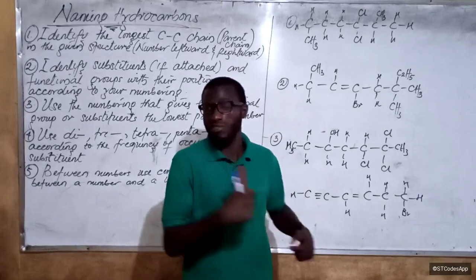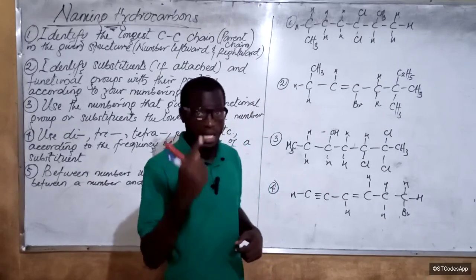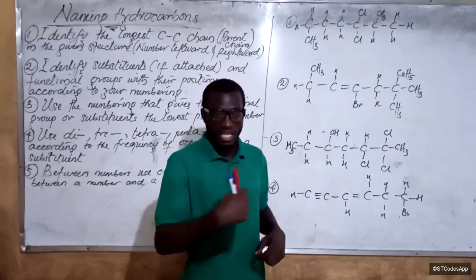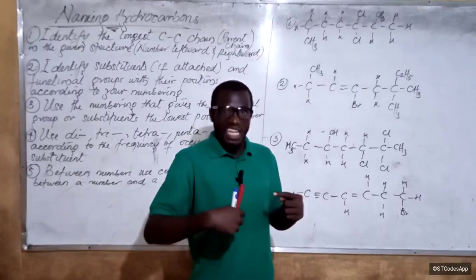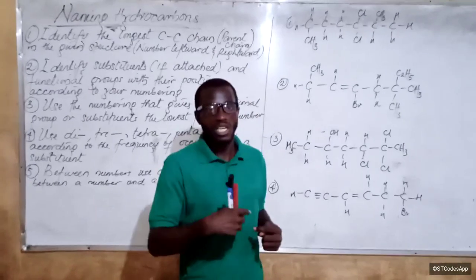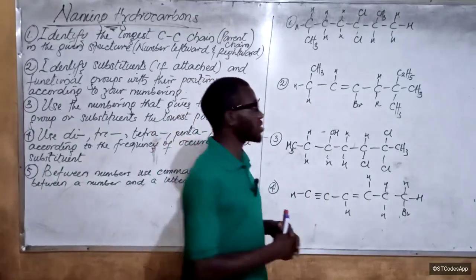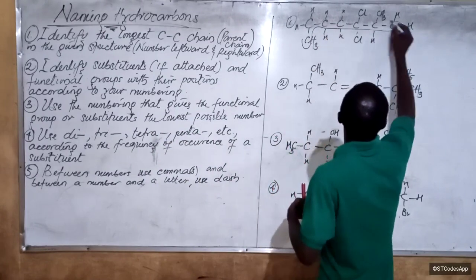If that carbon is a part of the parent chain or the main chain, it must be connected to only one carbon. If there's one carbon that is connected to 2 other carbons, and those 2 other carbons are in the main chain, then you have numbered wrongly, or you've identified the longest chain wrongly. So here we said going like this is the longest carbon-to-carbon chain.